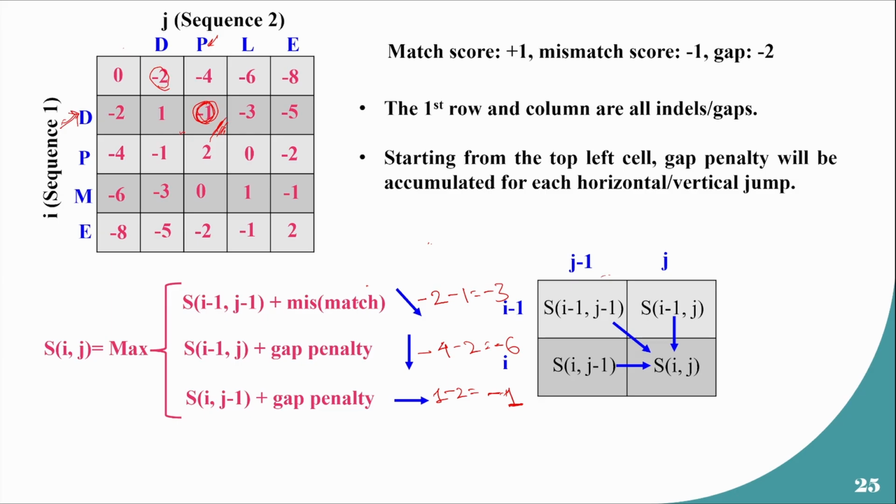For this global alignment grid, the value that we see at the bottom right, in this case 2, is the net alignment score. Okay, so that was the Needleman-Wunsch algorithm.